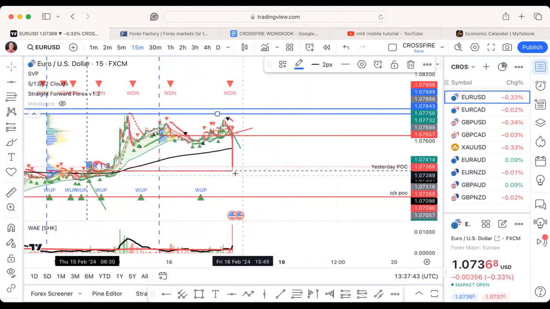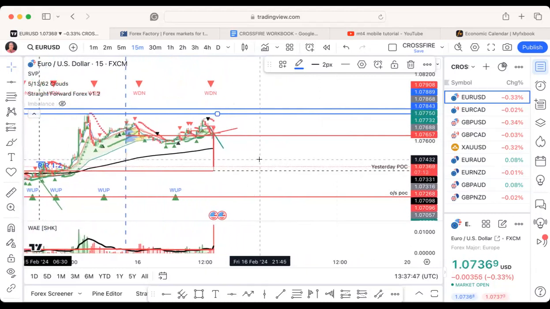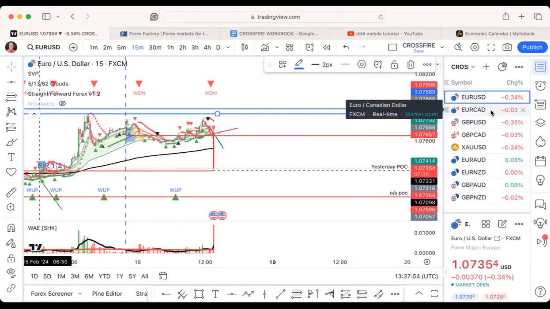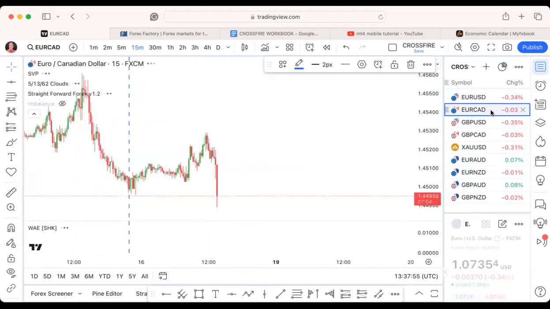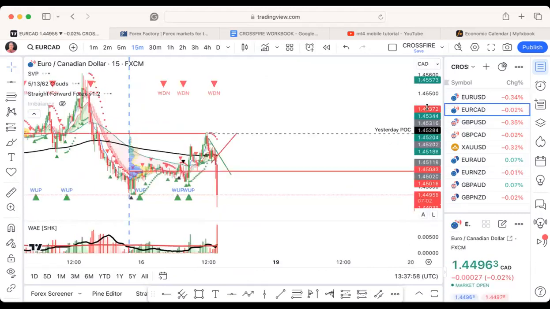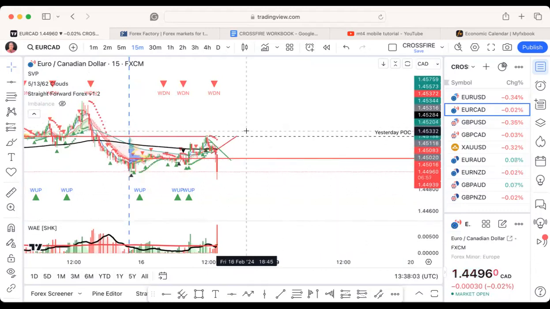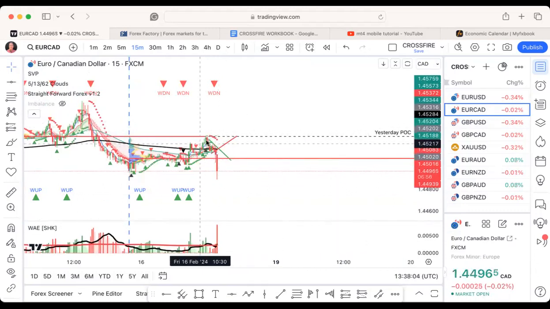Right now, price is bouncing off yesterday's POC. So let's have a look at another couple of pairs and then we'll start looking at volume profile. Canadian dollar. So they've already been up and taken out yesterday's POC.